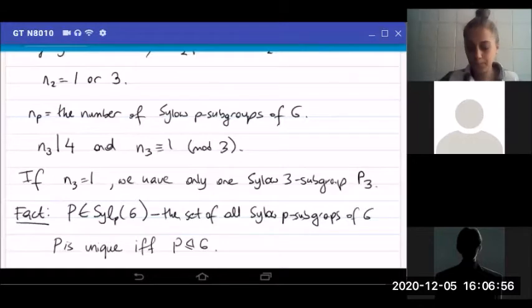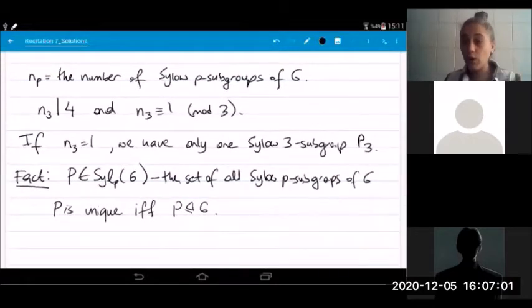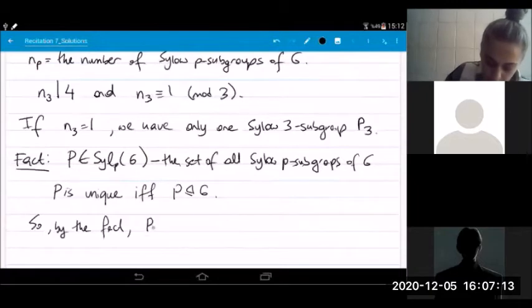Okay. So in this case, since we have only one Sylow 3 subgroup, this means that the Sylow 3 subgroup is a normal subgroup of G. So by the fact, P3 is a normal subgroup of G.